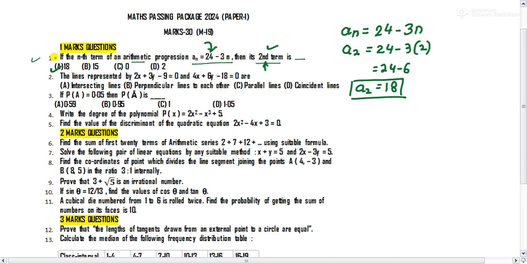In the exam, if you get a question like this, don't look for the options first. First solve it by yourself, then look into the options. Okay, now you got the answer as 18. So in your exam, you have to write like this: Question number 1, answer is option number A, 18.